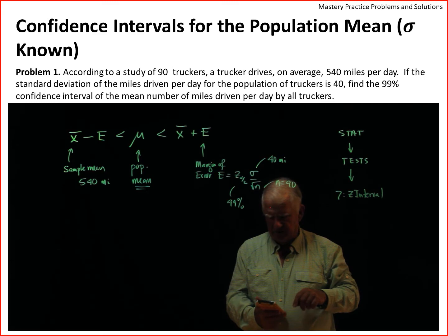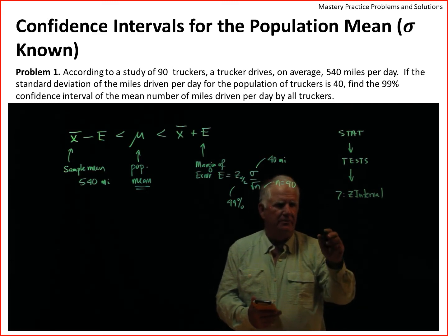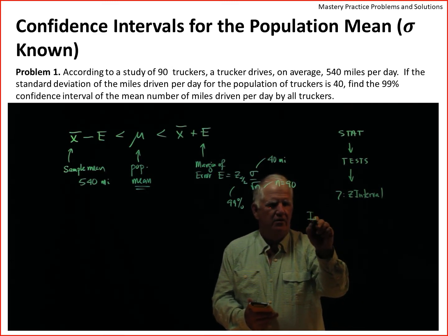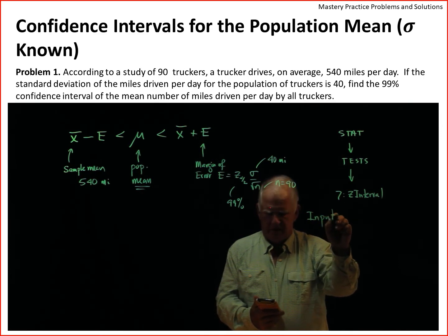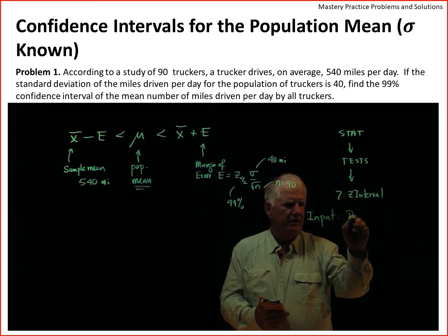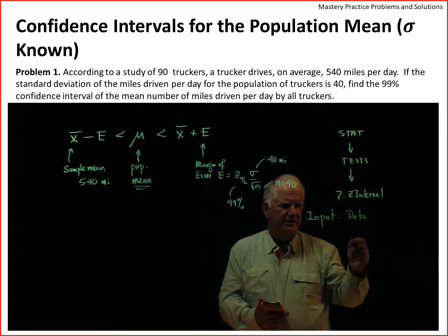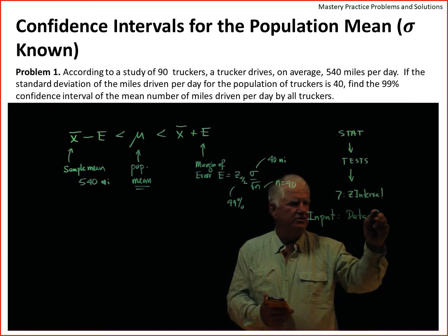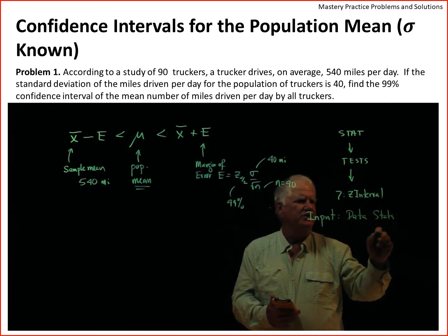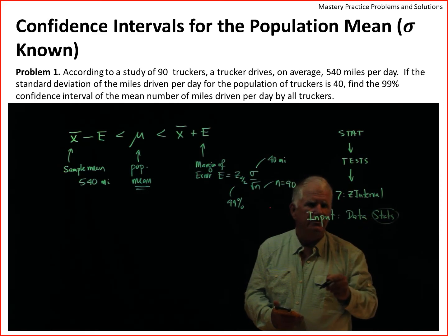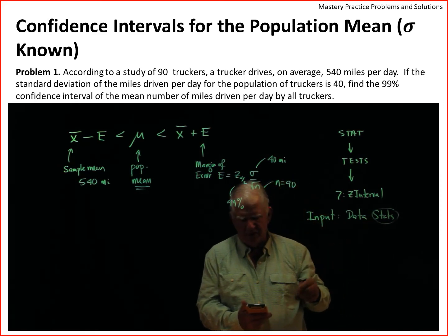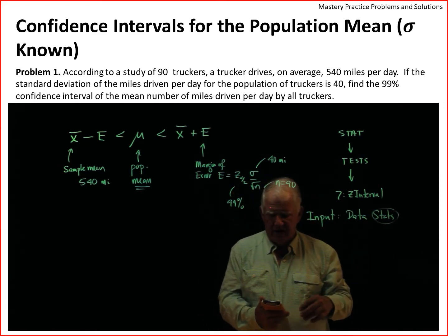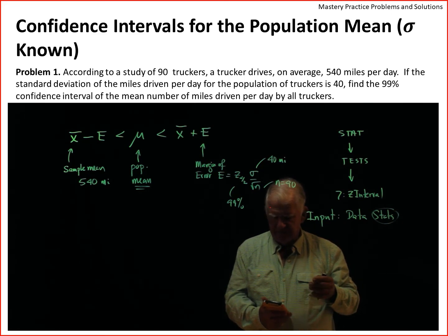It is then going to ask me a couple of things. What's the input? What that's asking is, do I have a list of data to put into a list, or do I just have a set of stats? You're going to have to enter stats, because that will impact what it asks you for after the fact. So I've just inputted stats.